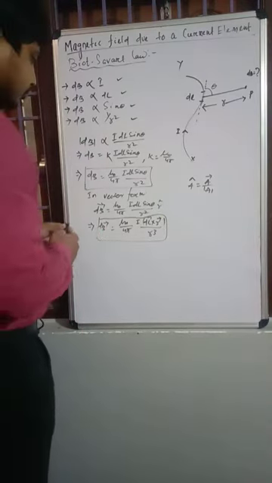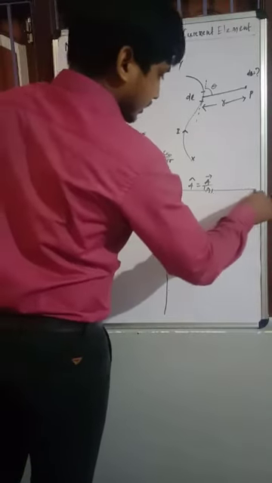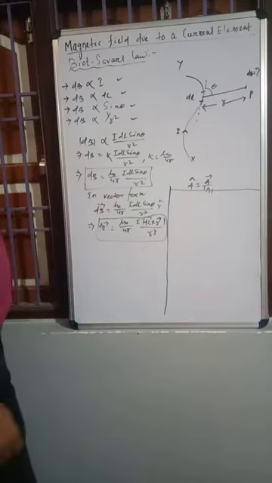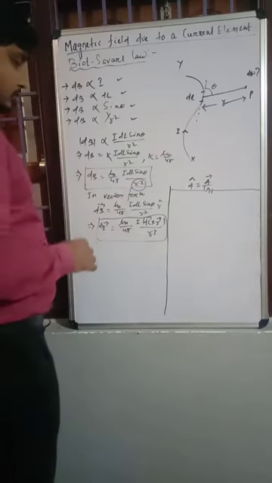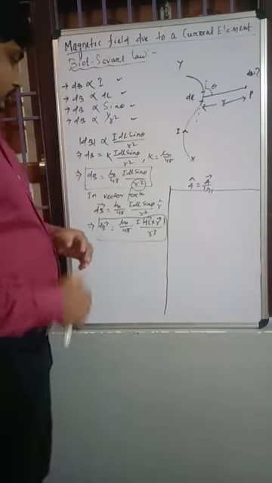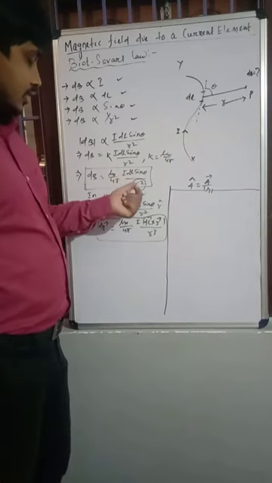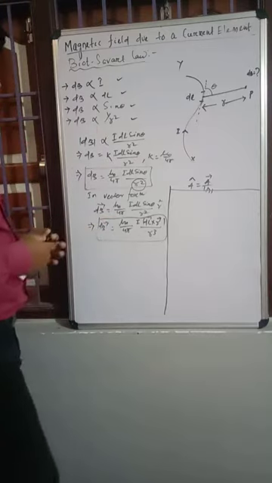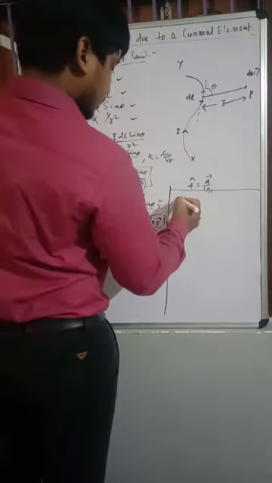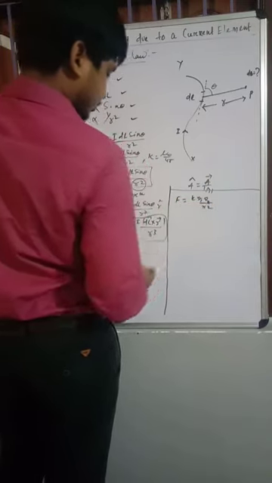So now we will do a comparison between this electrostatic field and the magnetic field. You can see that here both dB, that magnetic field, is inversely proportional to the square of the separation distance, and in our Coulomb's force, F is given by K Q1 Q2 by R square.